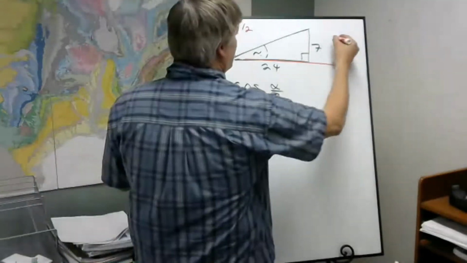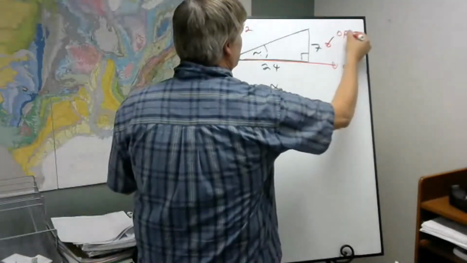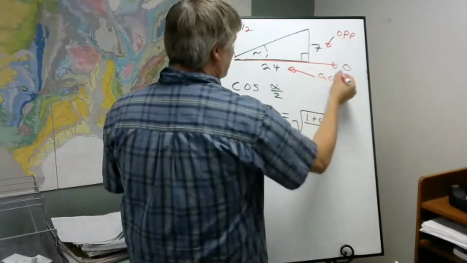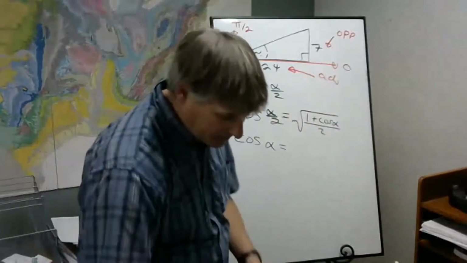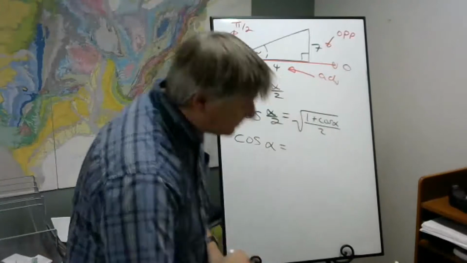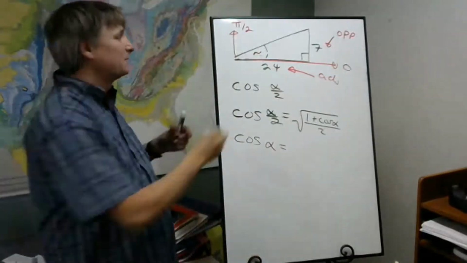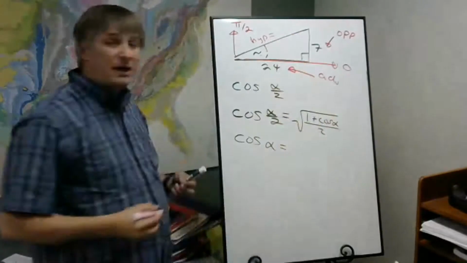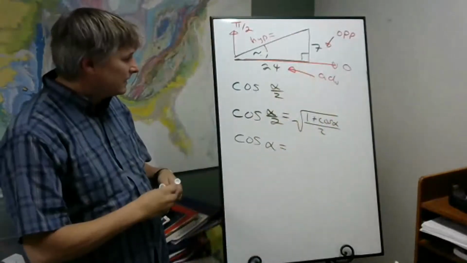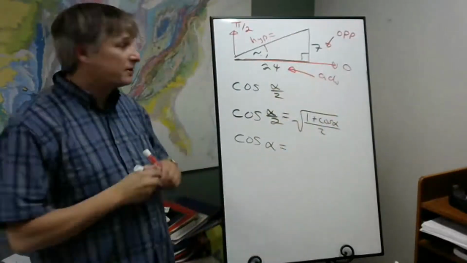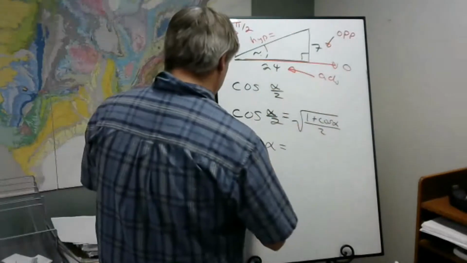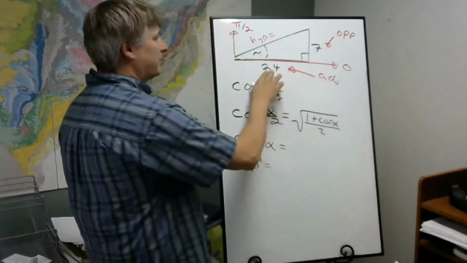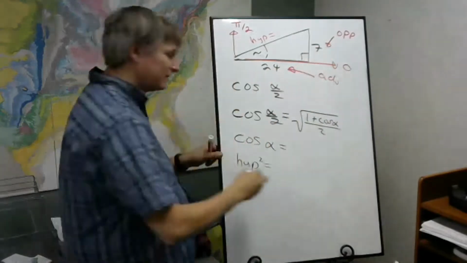Now, here's the opposite. Here's the adjacent. Now, the bad news with this triangle is we're not given the hypotenuse. So we've got to figure that out. Now, to do that, we just use the Pythagorean theorem. The hypotenuse squared will be this squared plus this squared.